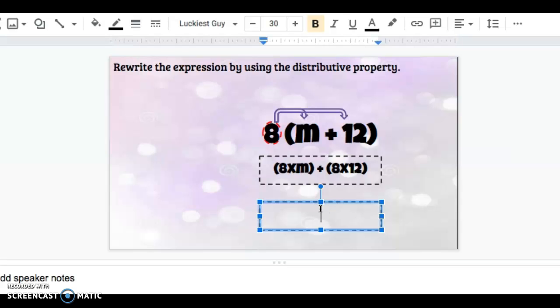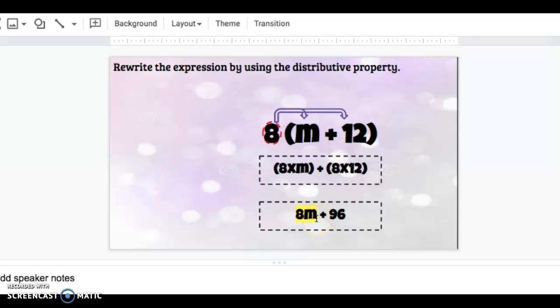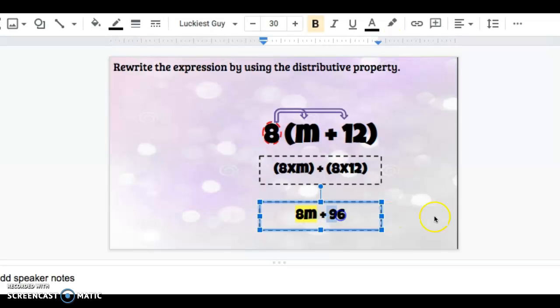And the reason why I'm able to say 8M plus 96 is because when you have a letter next to a number, like I have here in 8M, that's the same thing as saying 8 times M. Anytime a letter is next to a number with nothing separating them, it means that there is an invisible multiplication sign in between the two of those. So it would be 8 times M. And then 8 times 12 is 96, so I just put my 96 there.